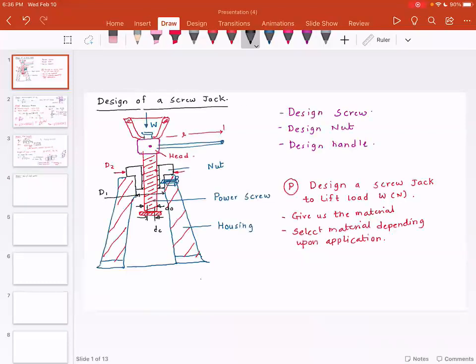Now, if you ask me what is the diameter of the nut collar, what I want you to do is look at the dimension D1. I'm interested in finding out the diameter of the nut collar, and that diameter is found out considering the tearing or the tensile failure of the nut.